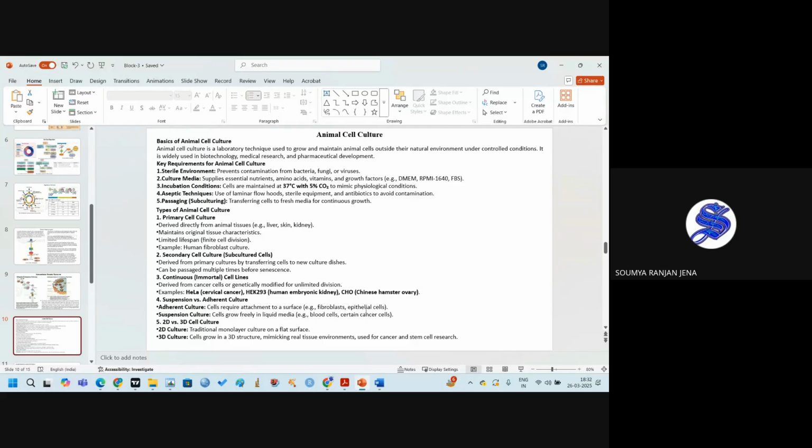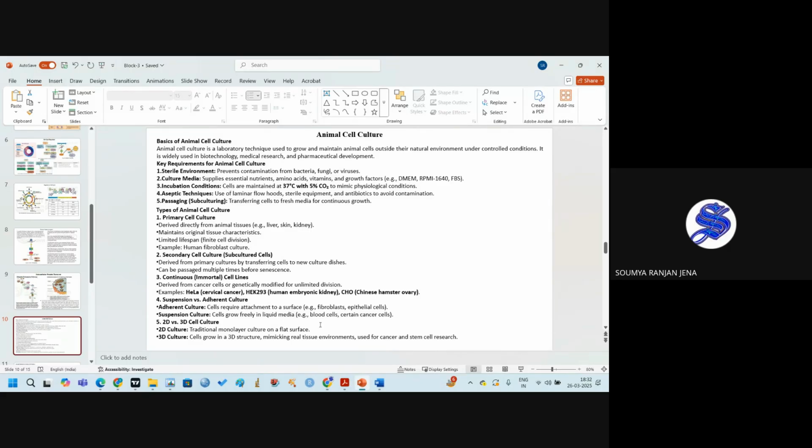If you go to the suspension cell line, like blood cells, or blood cancerous cells like leukemia, they require a suspension or a liquid medium. They will grow in a liquid medium. And then, what is the difference between 2D and 3D cell culture? In 2D culture, it is traditional monolayer culture on a flat surface.